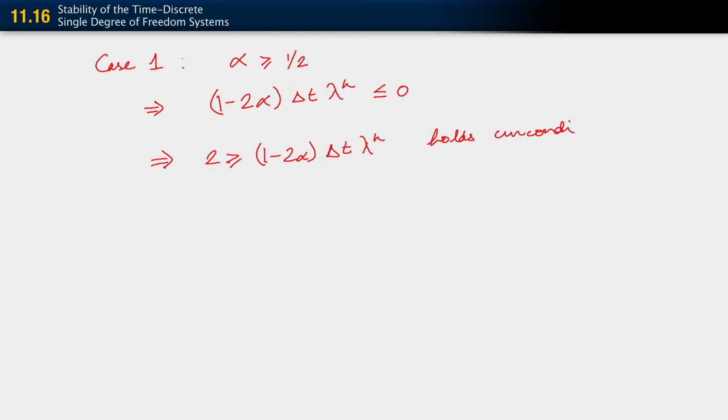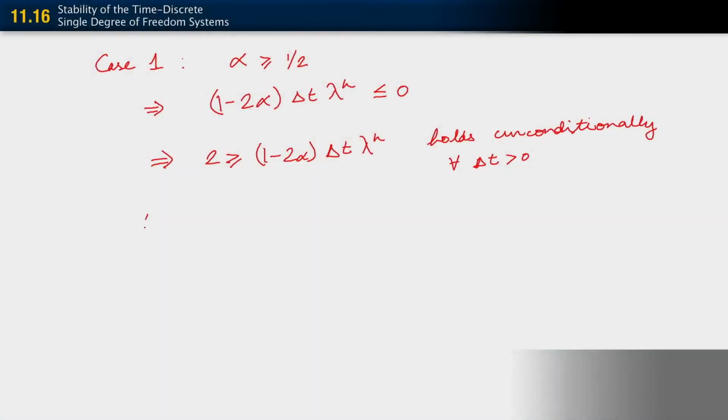Right, and by unconditionally, what we mean is that if alpha is greater than or equal to 1/2, our stability condition holds for all delta t, for all delta t greater than 0. Okay, so we have a situation of unconditional stability of our method.